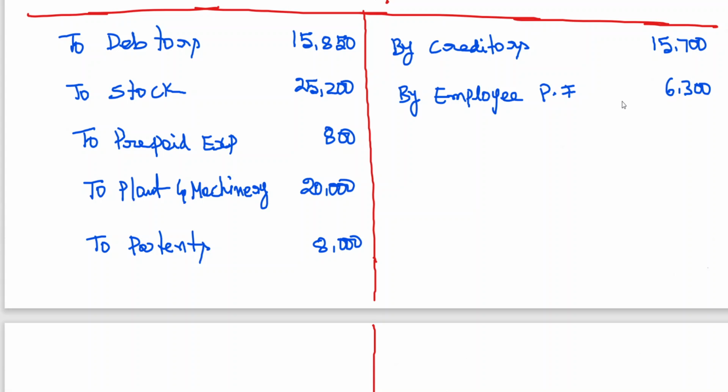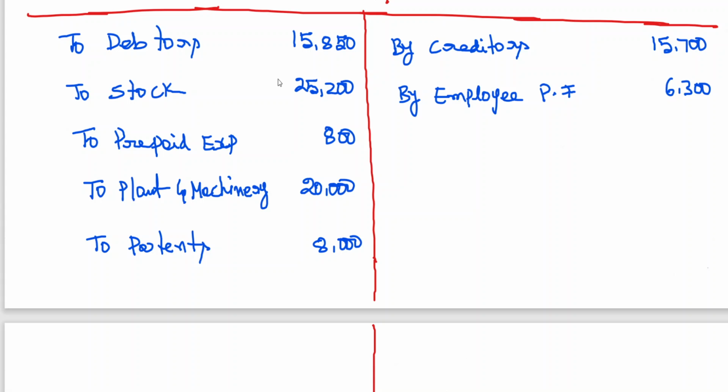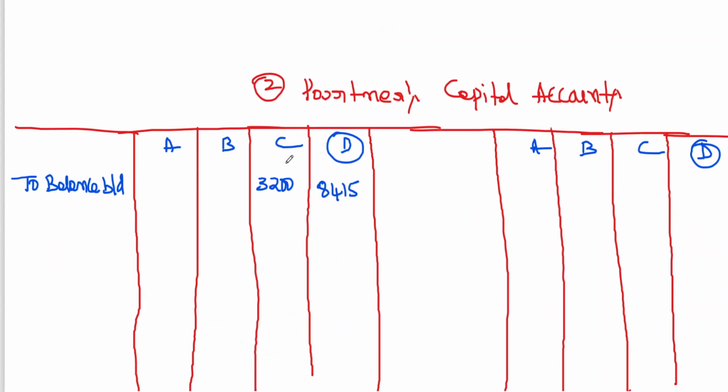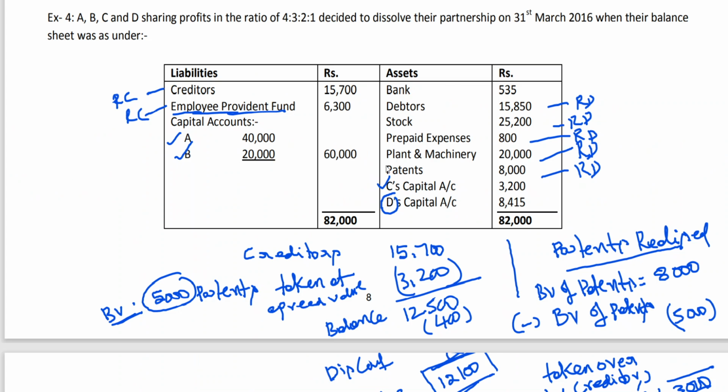Then A's capital and B's capital, 40 and 20, will be taken to the credit side. By balance brought down, A's capital 40,000, B's capital 20,000. Then next, this is completed.